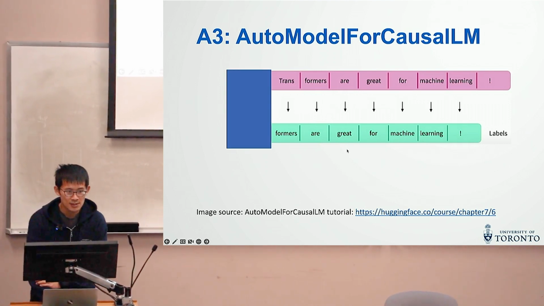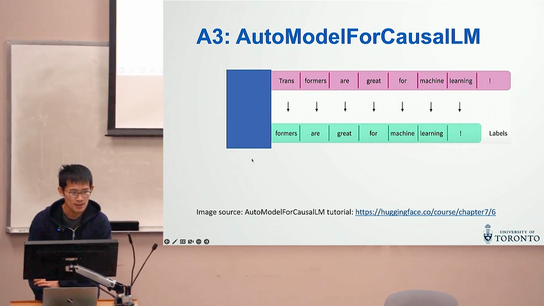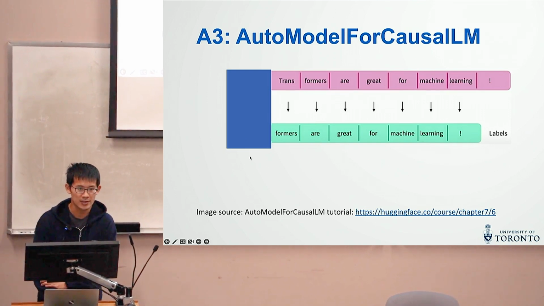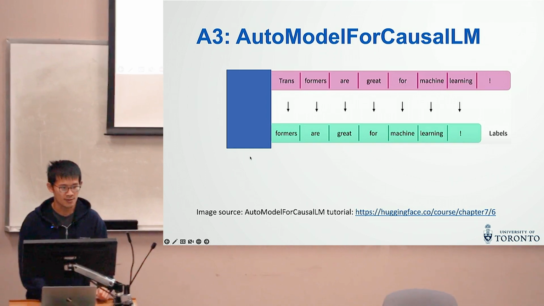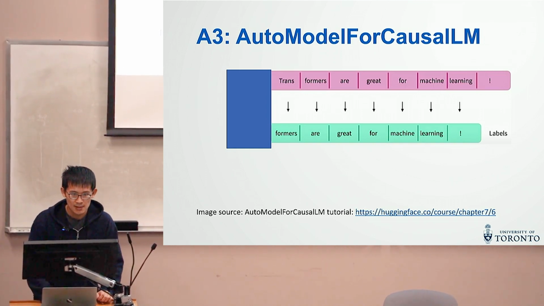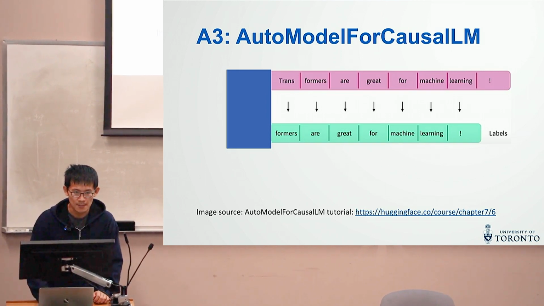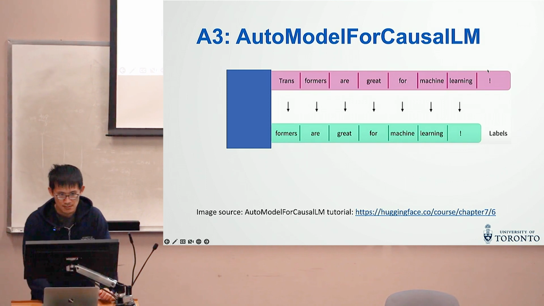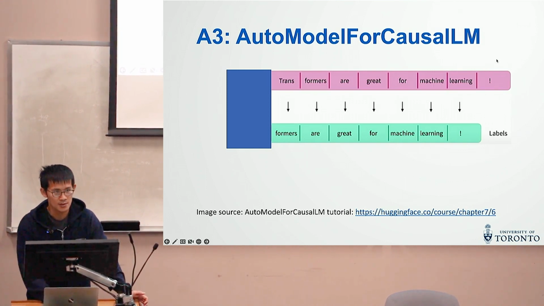Practically, the first token here does not really matter because there's no context to predict the first token at the label, so we mask them out. And the last token is especially interesting, because there's no token that naturally follows the last token.